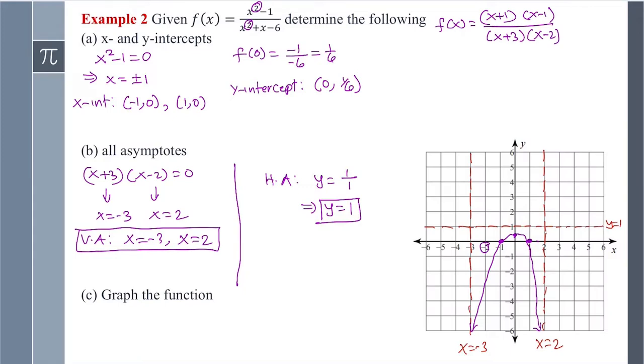Now to figure out what happens to the function over here, we'll take a number from here. Let's take negative 4 and put it in our function.